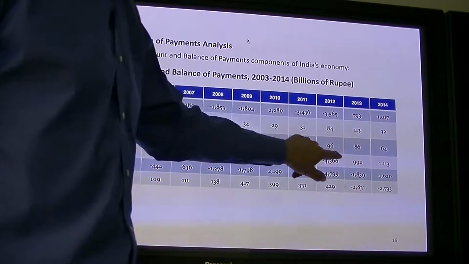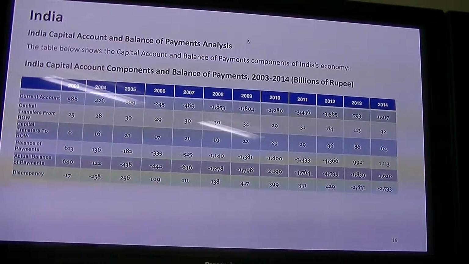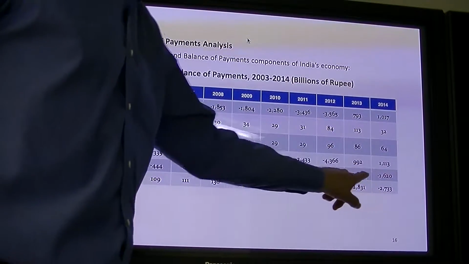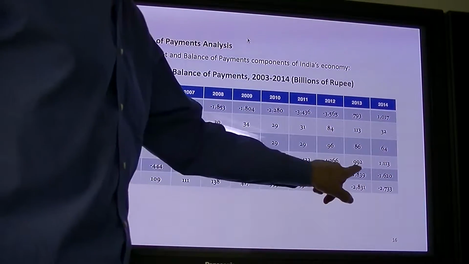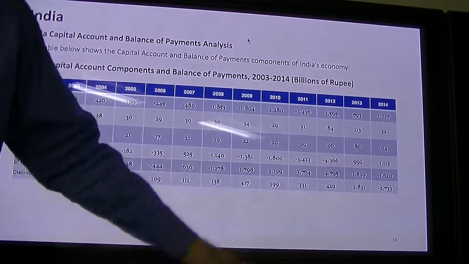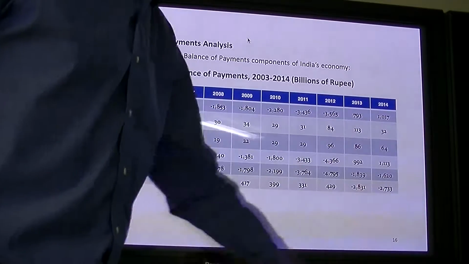I calculated a positive balance of payments for India in 2013 and 2014. The official figure was a lot less negative than in 2012 and 2011, but still negative. So the discrepancy is very large.